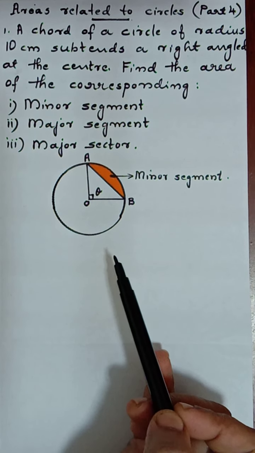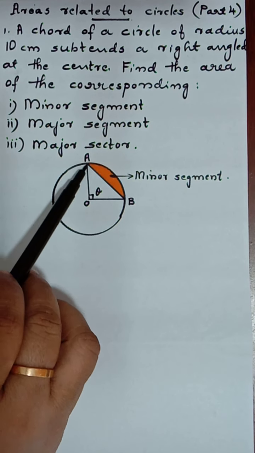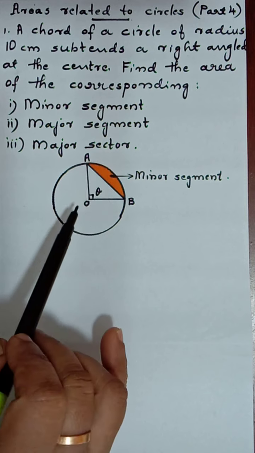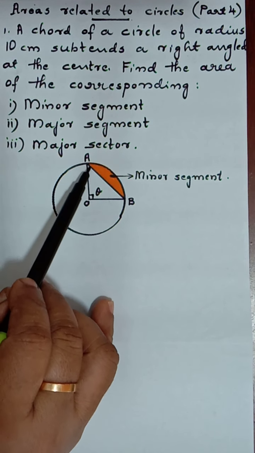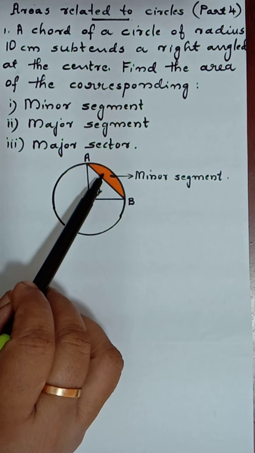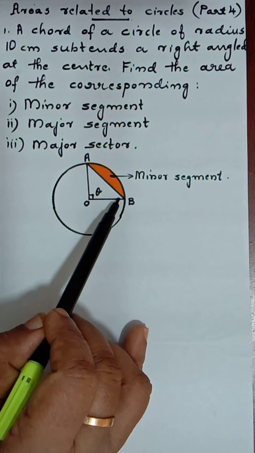How do we get segment? When we consider a circle, here we have a chord AB dividing the circle into two parts. One is a minor part and another is a major part.